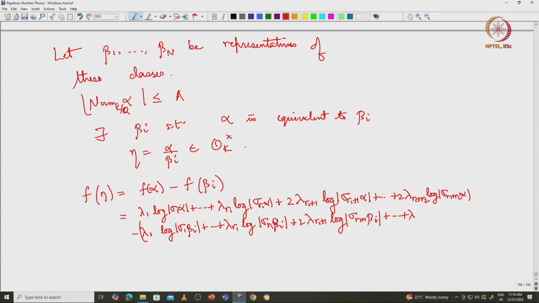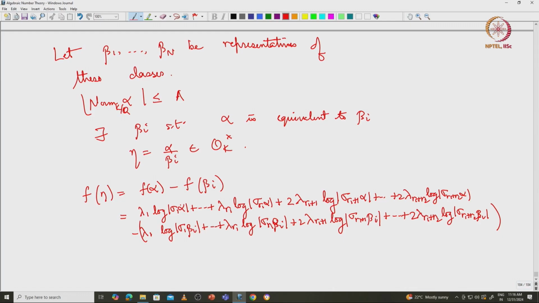The minus sign is all outside the bracket. These things are just notationally very heavy; they are not difficult, just notationally cumbersome.